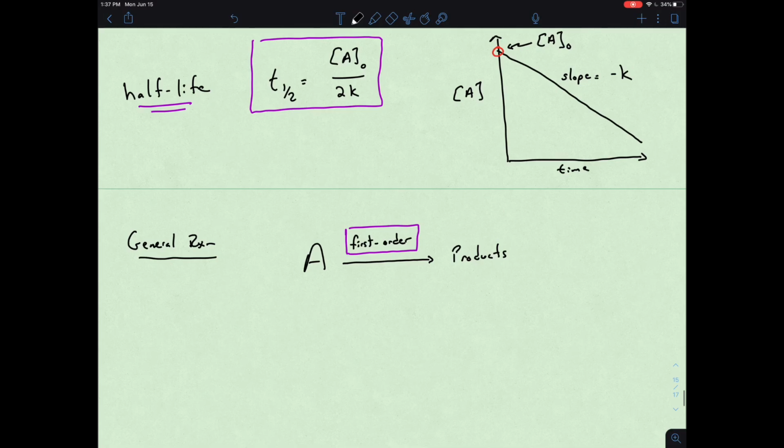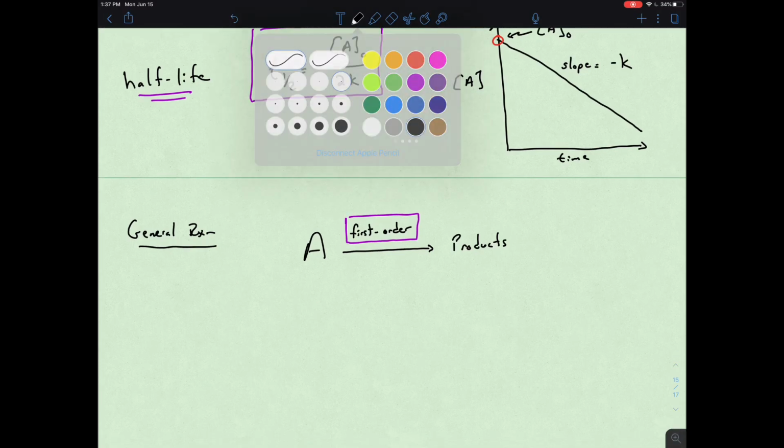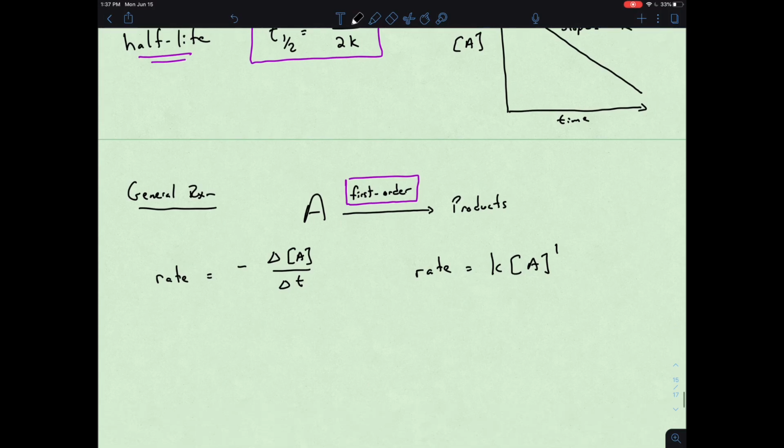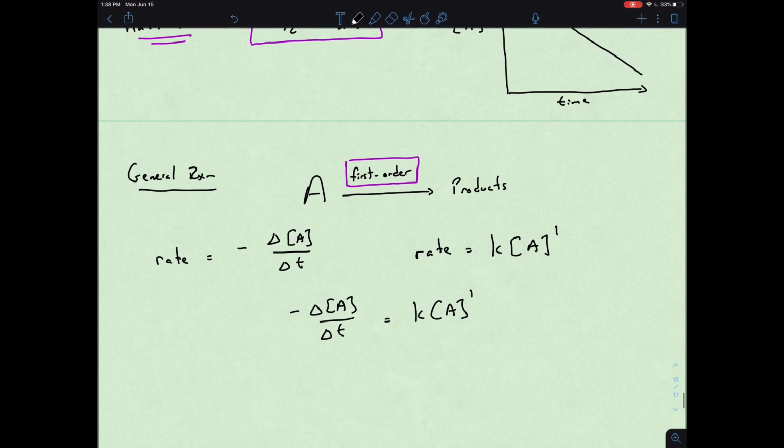I'm not going to go through all that again, but we could say, at least the beginning, that we're still going to have this negative concentration change of A over a change in time, and now the difference really is in the order that we see being now a first order process. And so we can do very much the same type of work to get at our integrated rate expression.